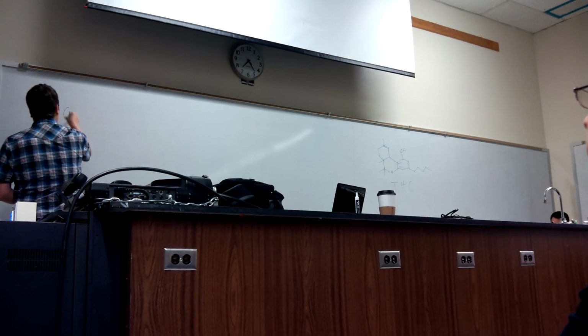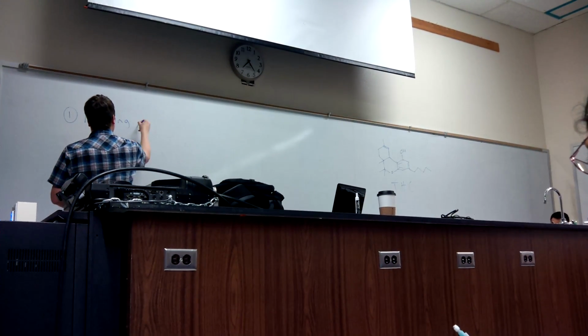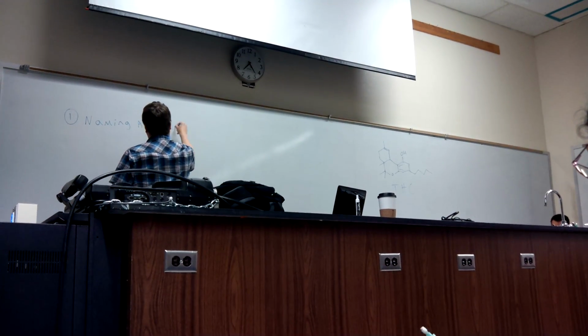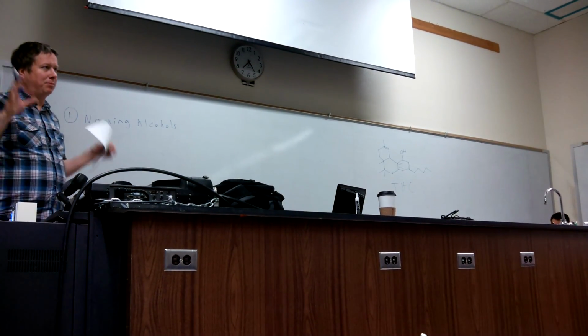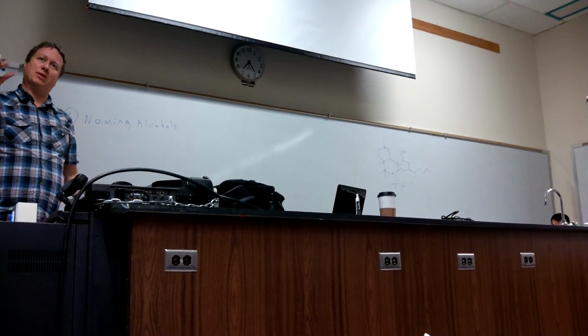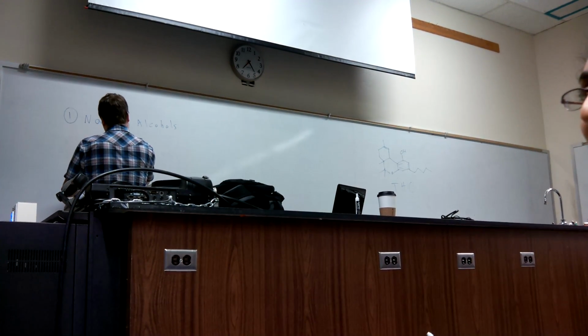Okay, naming alcohols. So I'm not a big nomenclature guy, but there's always going to be a couple problems on the test, and they'll be similar to the practice test, so you'll know kind of what they're going to be like.